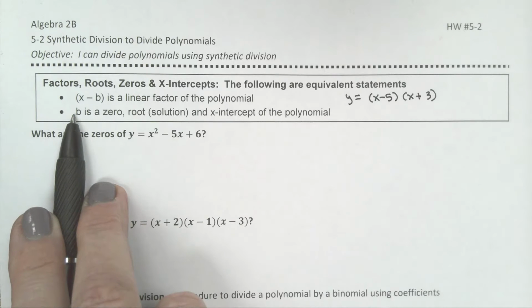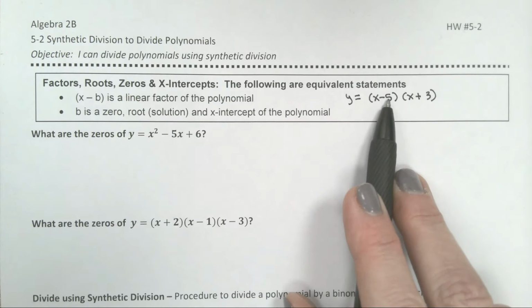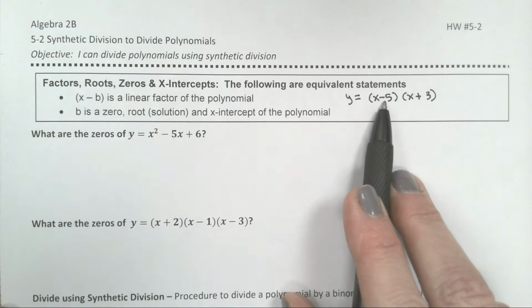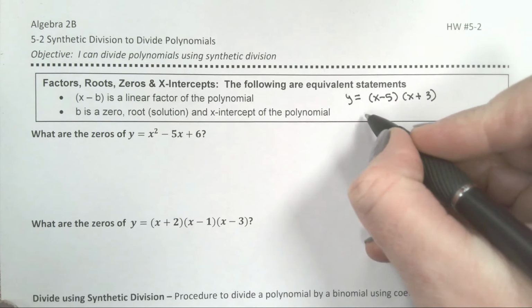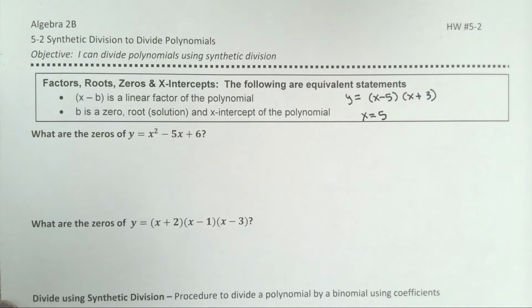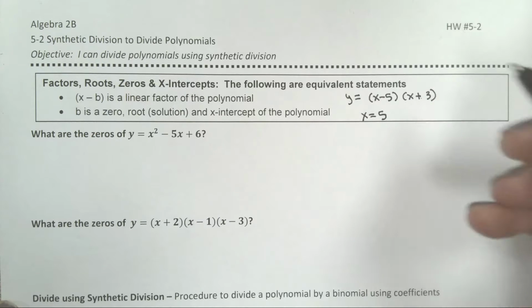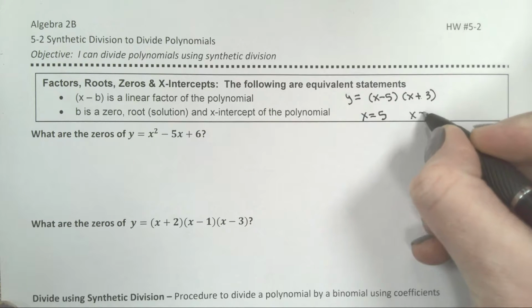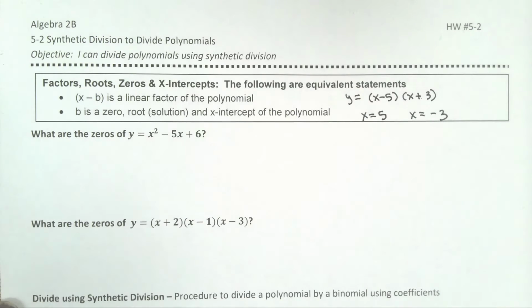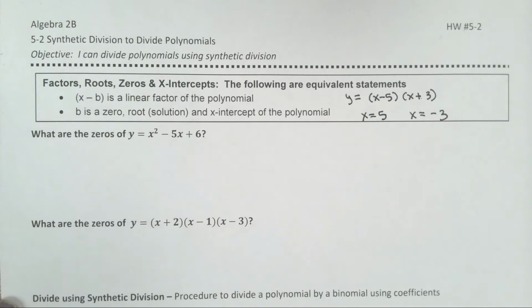This says then b is a zero, root, or solution. So if x minus 5 is a factor, then that means x equals 5 is a solution. If x plus 3 is a factor, then x equals negative 3 is a solution. So that's all that fancy thing was saying.